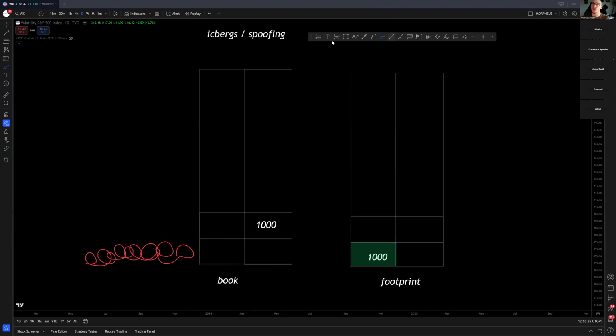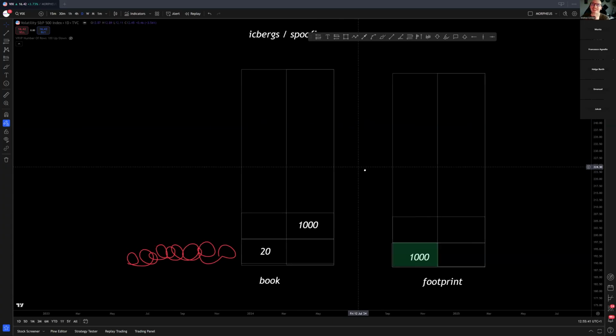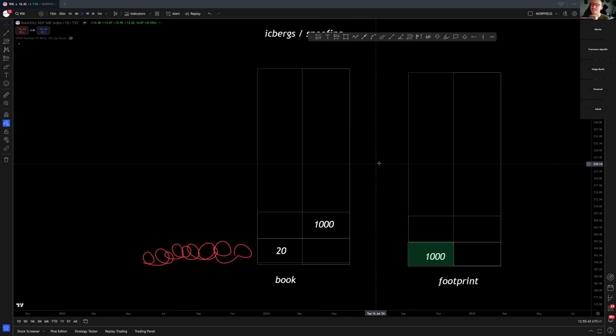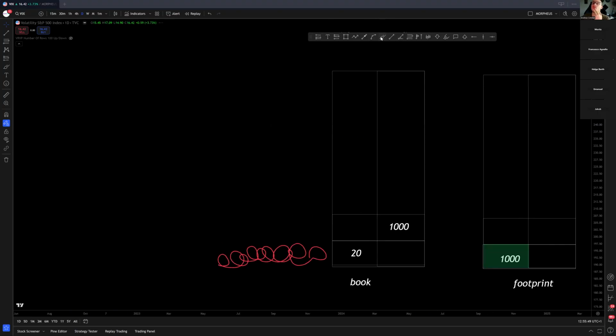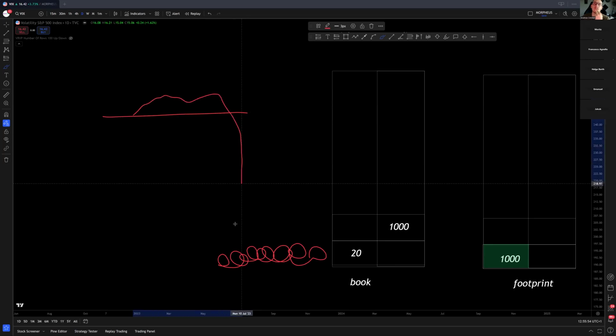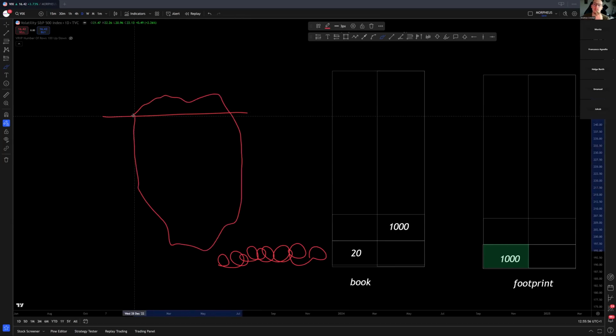So, just like an iceberg, they only show the tip. Just the tip. Okay. And that's why they call it iceberg, because if this is the water surface, you only see the top, but actually the big part is underneath, you know?